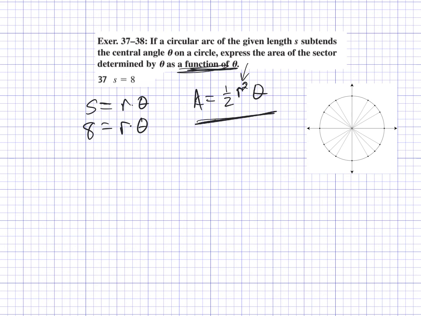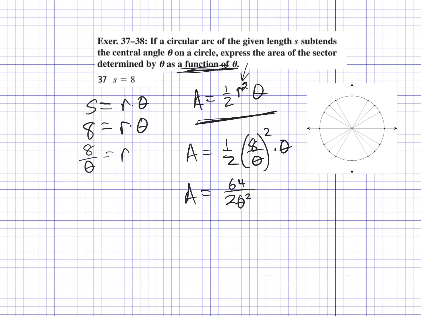All right. So that means you have to get rid of r. So r equals 8 over theta. And now we're going to substitute that into the area formula: 1/2 times 8 over theta squared, that's r, times theta. So we get 64 over 2 theta squared times theta to the first.